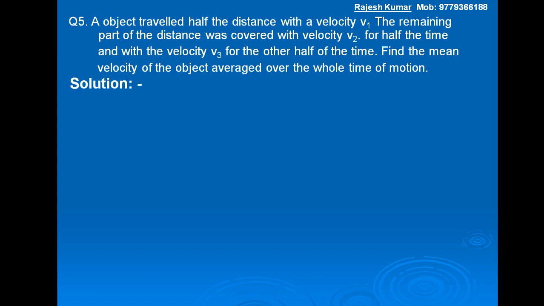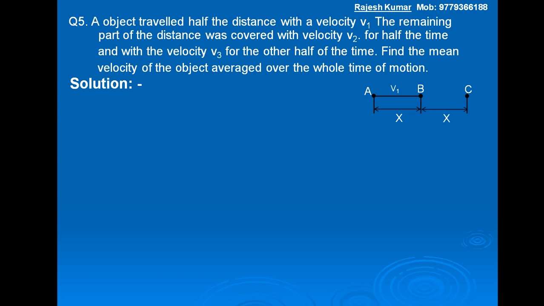Now the solution is: suppose an object is traveling along this line from point A to point B, distance x, with velocity v1, and the other distance x up to point C is traveled in two different ways.